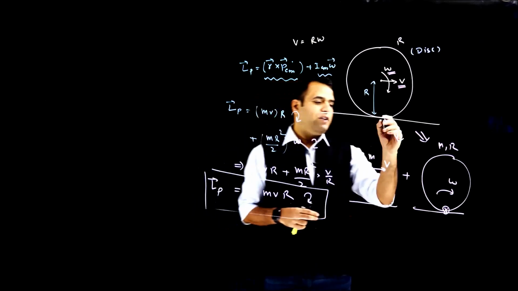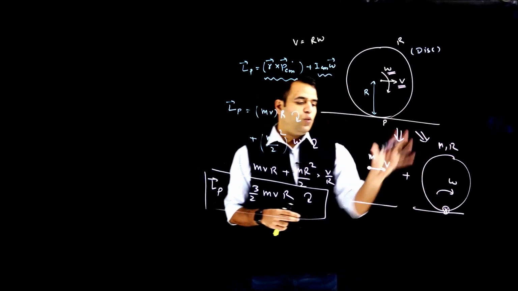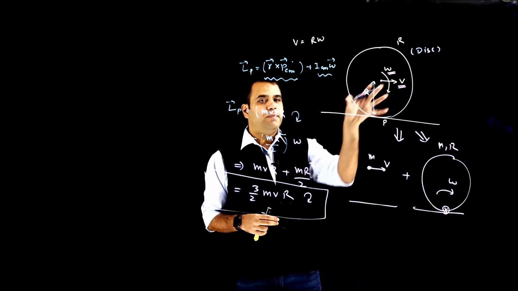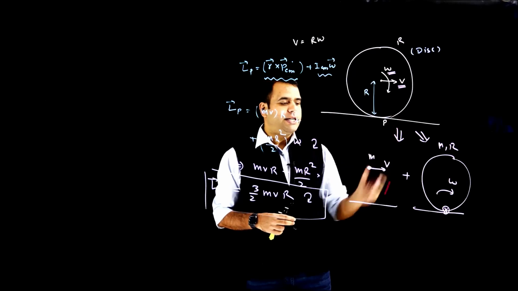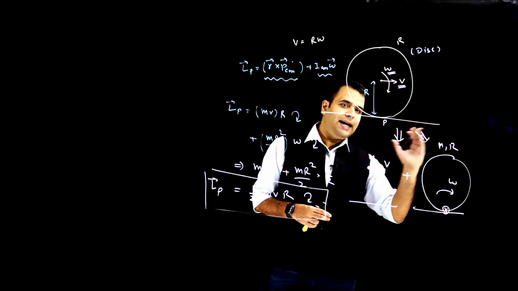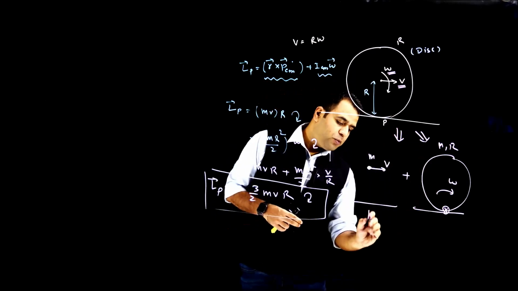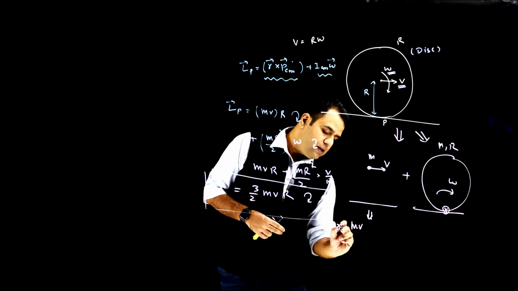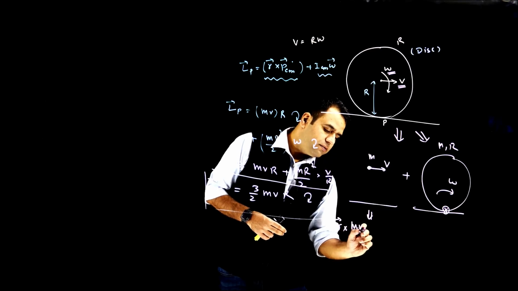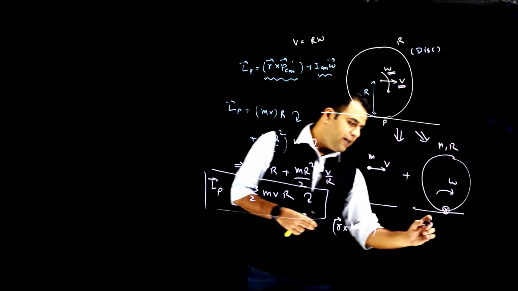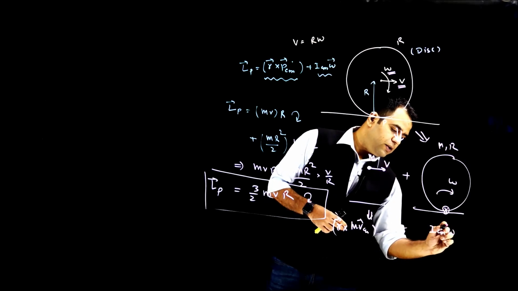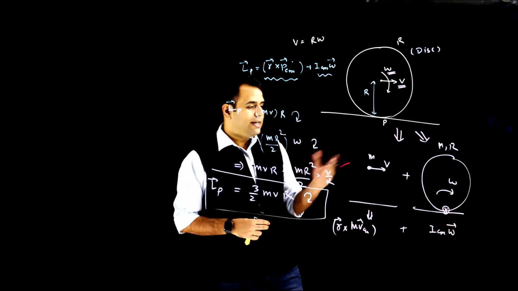We divided it into two portions: one for the translatory motion, and the second for the pure rotatory motion. So we divide this complex motion, translatory plus rotatory, into separate translatory and rotatory motions. Corresponding to these, we calculated r cross V_CM, and here we calculated I_CM omega. That becomes the method.